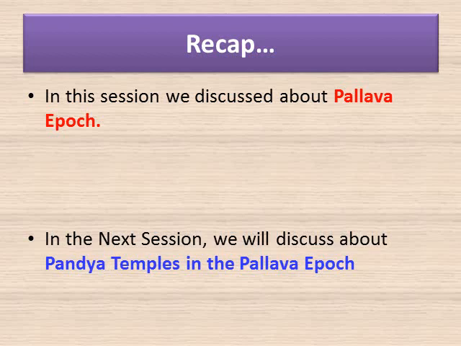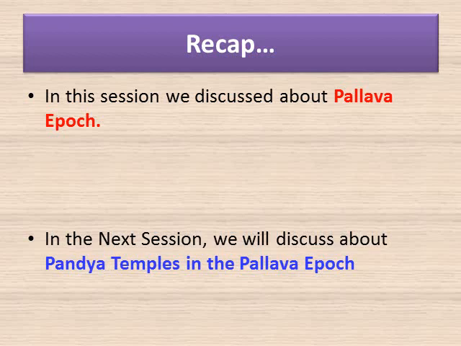Narasimhavarman II, also known as Rajasimha, built the Kanchi Kailasanatha temple. The Vaikunta Perumal temple at Kanchipuram was built by Nandivarman II. The Tamil Dravidian tradition is exemplified by rock cut monuments such as the Pancha Pandava Rathas: Draupadi Ratha, Dharmaraja Ratha, Bhima Ratha, Arjuna Ratha and Nakula Sahadeva Ratha.